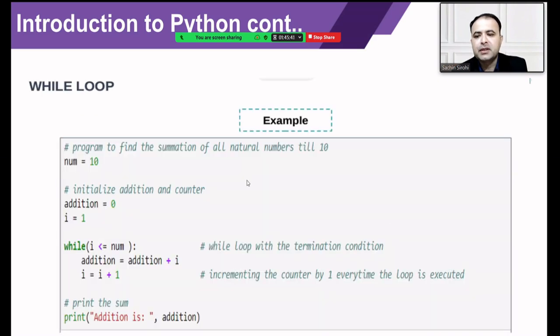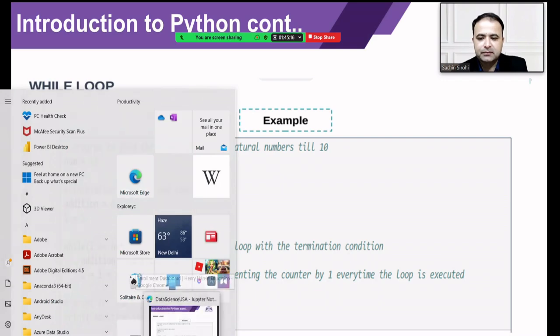How can we use it syntactically? num equal 10, and it is an initialization process where we want to start the iteration, like while i less than num, addition equal to addition plus i. So it will print the sum of the first 10 natural numbers. I want to practically start this.